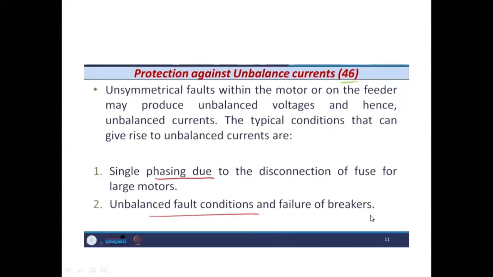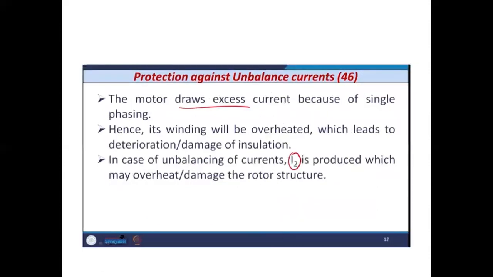Because of either of these two reasons, unbalanced current may be produced and the motor has to be protected against such unbalanced current. So why do motors need to be protected against unbalanced current?